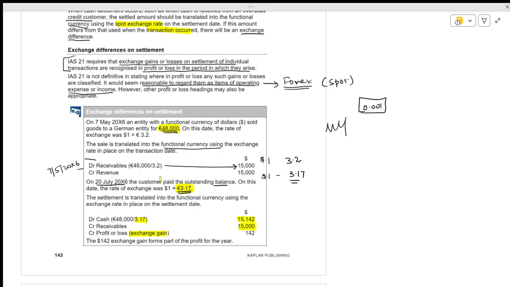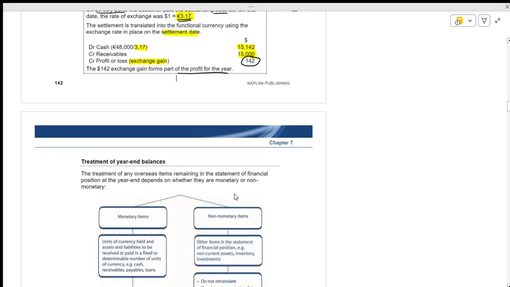The difference between the amount agreed on 7th May and the amount received on 20th July is the gain in terms of dollars. This has to be recognized in the year in which it occurred. This is the simplest way, for an individual transaction.